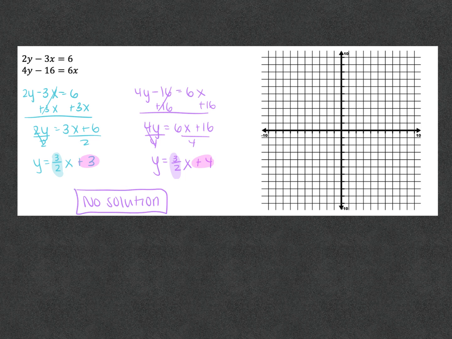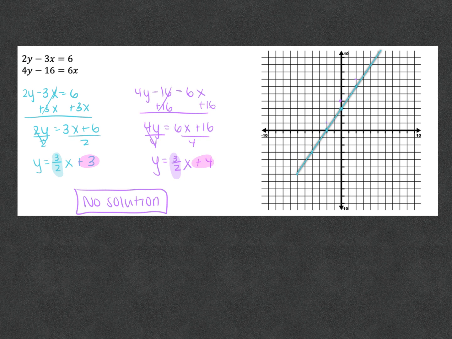Okay, no solution. So, reason why, we have the first one that starts up at 3, and then it's going to go up 3 over 2, down 3 back 2, down 3 back 2. Okay, so there's our first line. And then we've got the second one, which starts at 4, right above it, with the same exact slope.